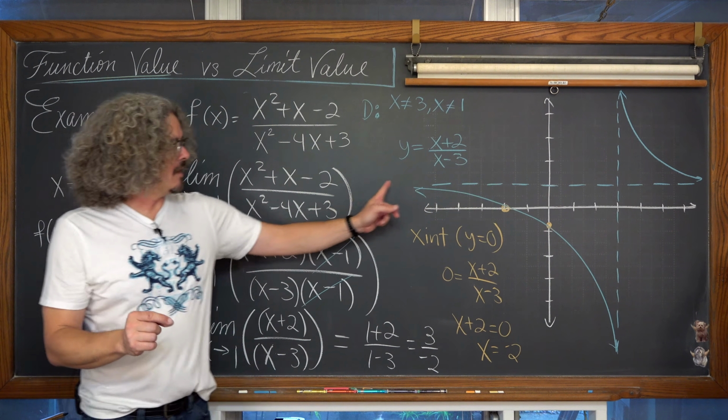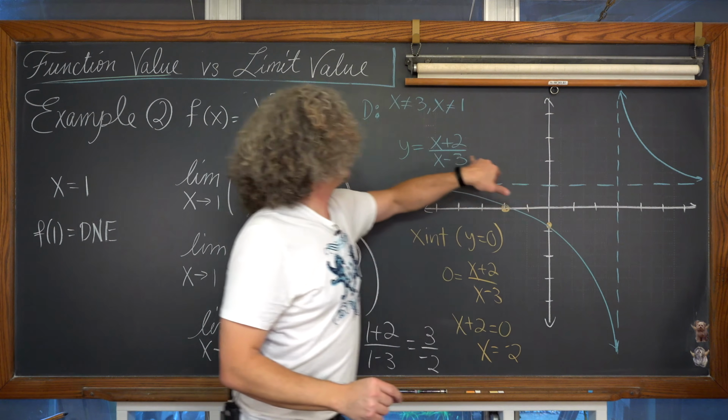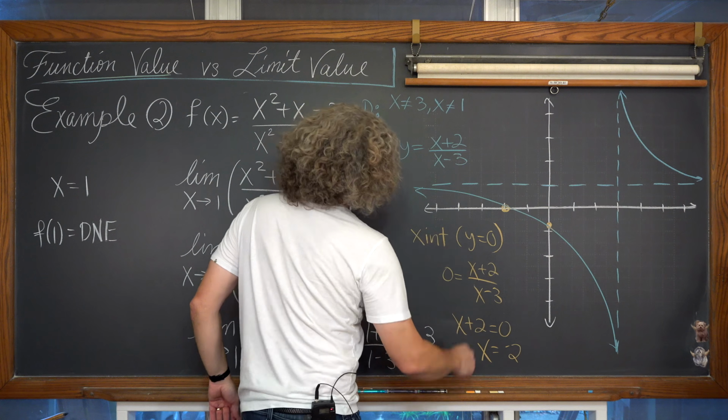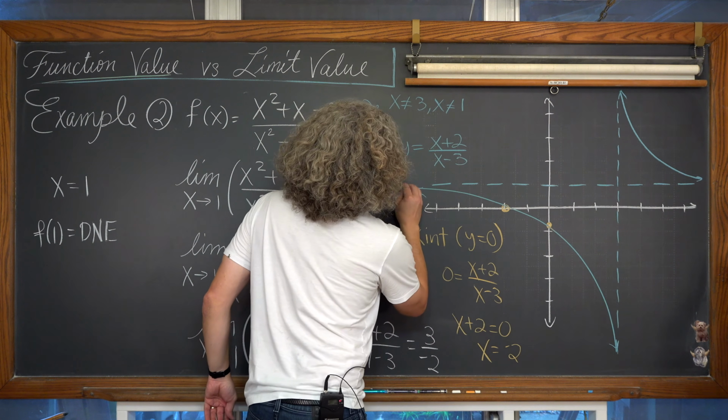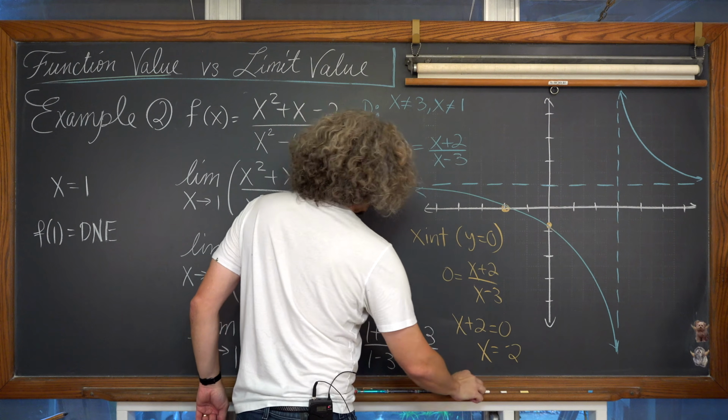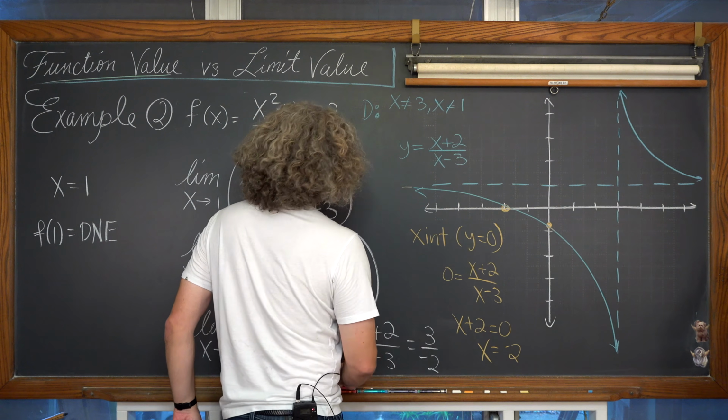So while this blue is a graph of this function, our original function actually had a hole at x equals 1. I'm trying to maybe change the color, but I'm just not going to. We'll do it in red.